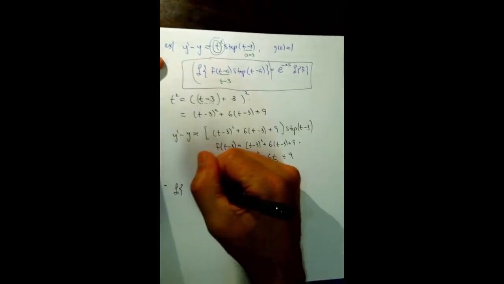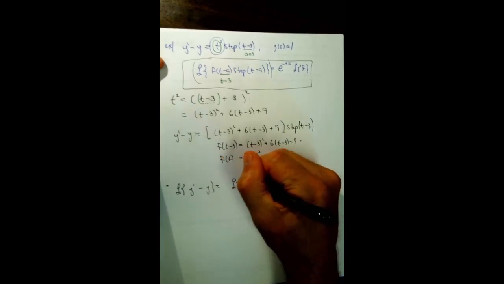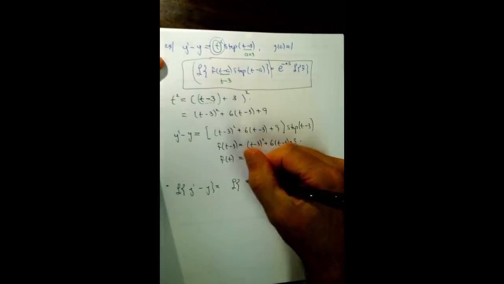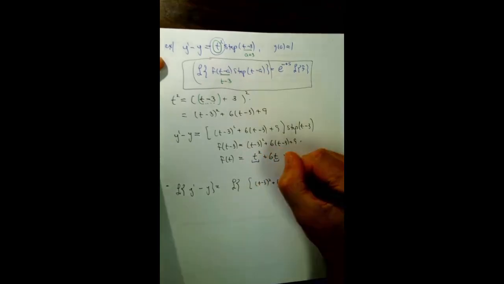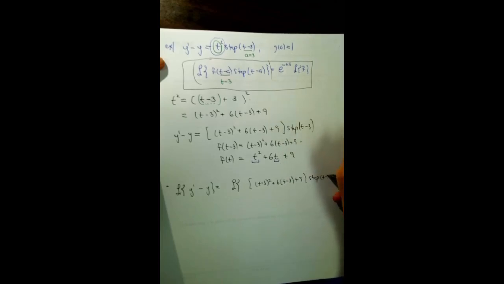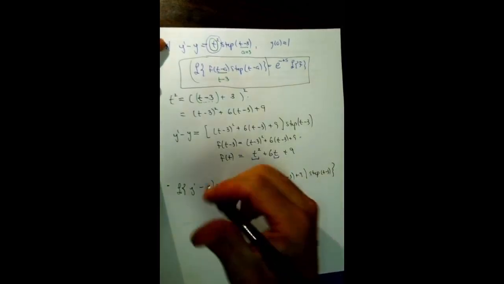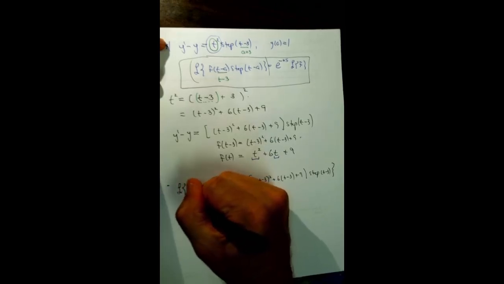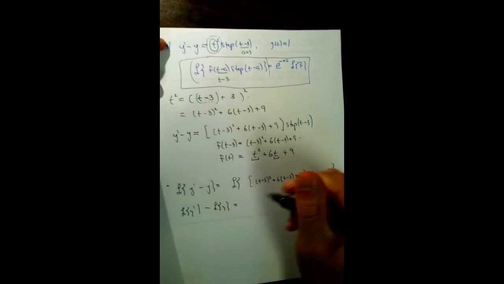So I'm going to take the Laplace transform of the left. It's going to be equal to the Laplace transform of the right. And at this point now I can just grind everything out. So this becomes Laplace transform of y prime minus Laplace transform of y.